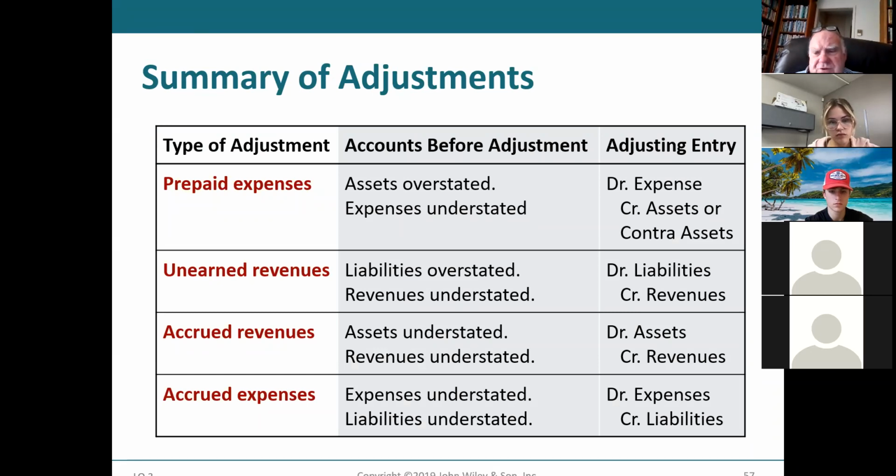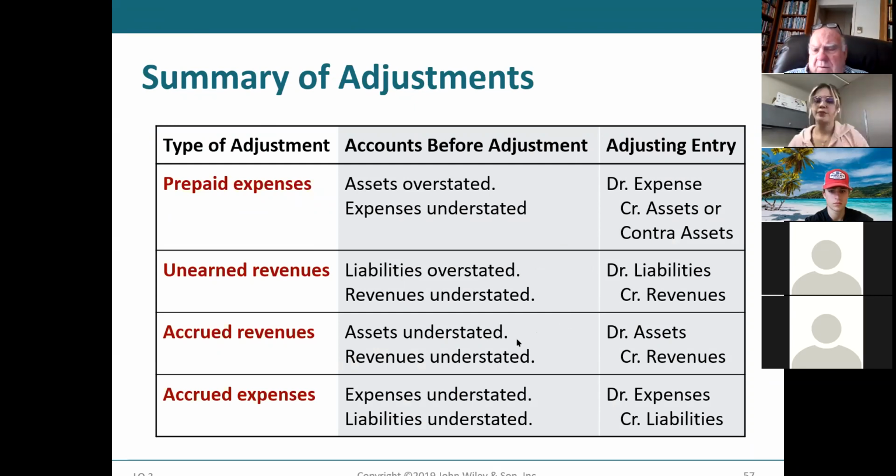This is an interesting one to look at. This might help you understand it. Prepaid expenses: if we don't reduce the prepaid expenses, our assets are overstated and our expenses are understated. So your journal entry is a debit to an expense, credit to an asset. Unearned revenue: you have to get rid of the liability from what you earned with a debit, credit revenues.